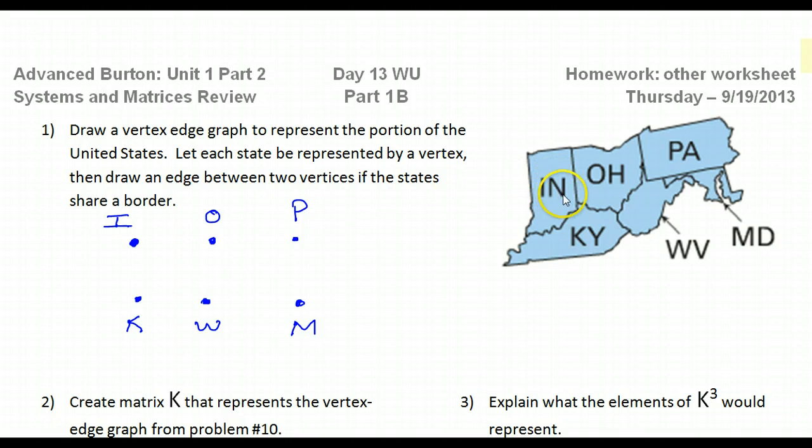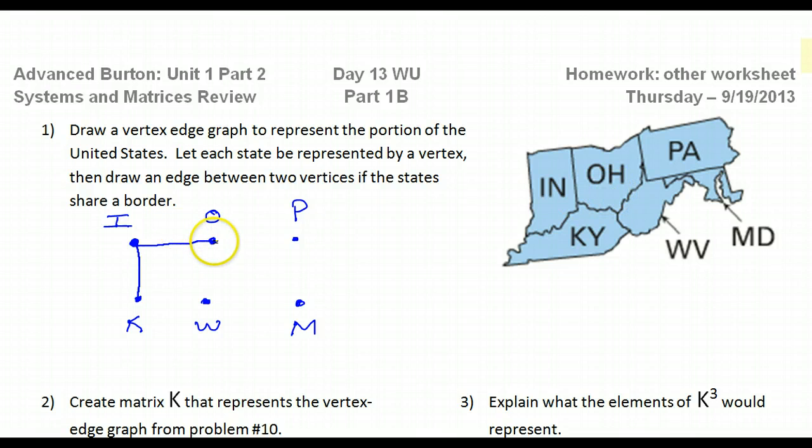So Indiana shares a border with Ohio and Kentucky. So Indiana to Ohio and Kentucky. Ohio shares a border with Kentucky and West Virginia in addition to Indiana.